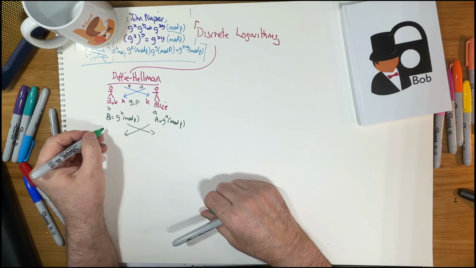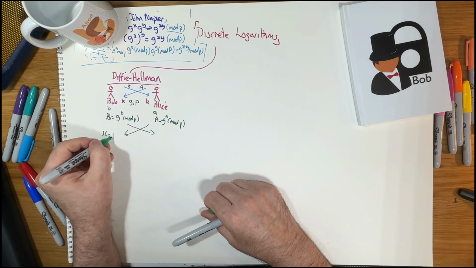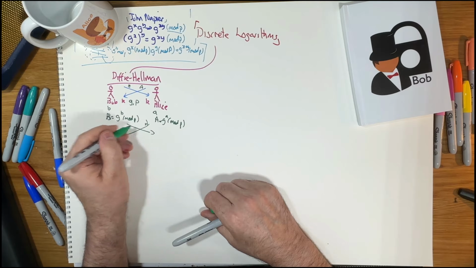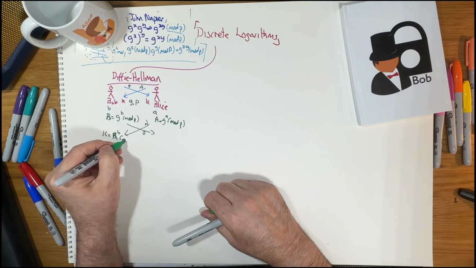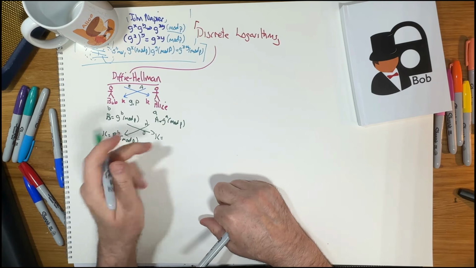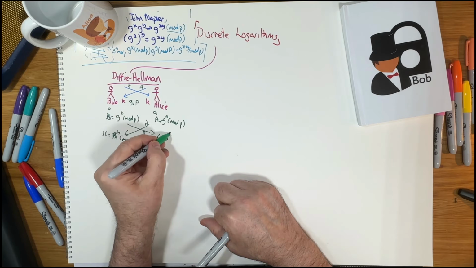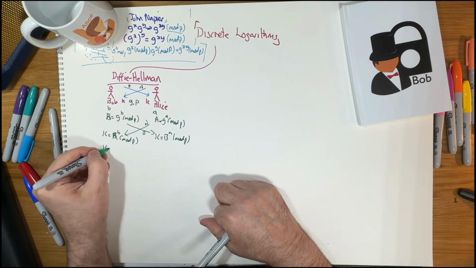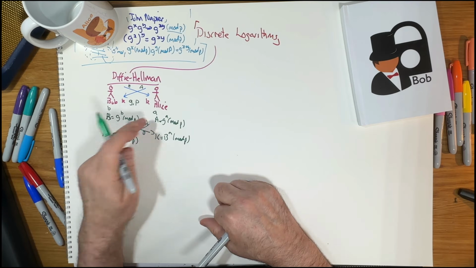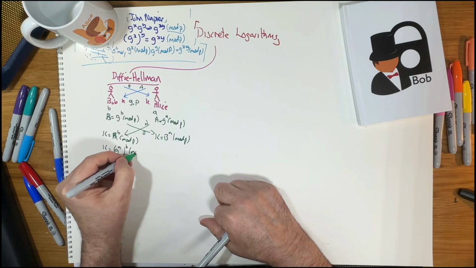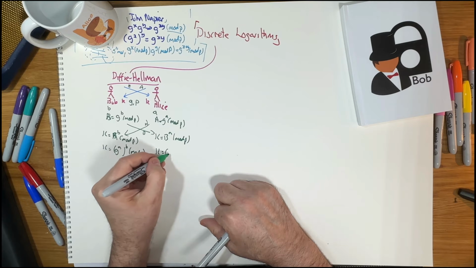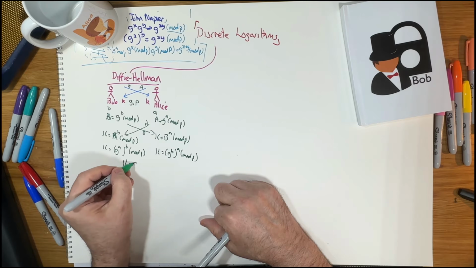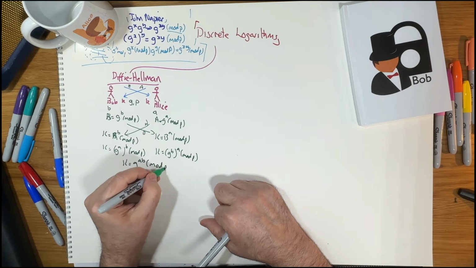Then they send these values over, and then to work out K, Bob takes A that's received here, and then raises it to the power of b mod P. Over here, Alice does the same thing, takes Bob's value, raises it to the power of a, then mod P. And just like what we had here, K is equal to G to the power of a to the power of b mod P, and K is equal to G to the power of b to the power of a mod P. And then in the end, they'll both get a shared key of this.